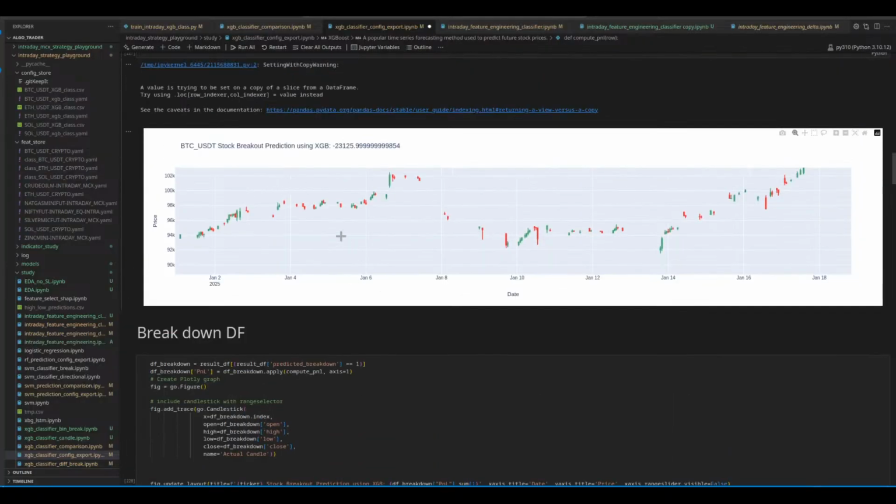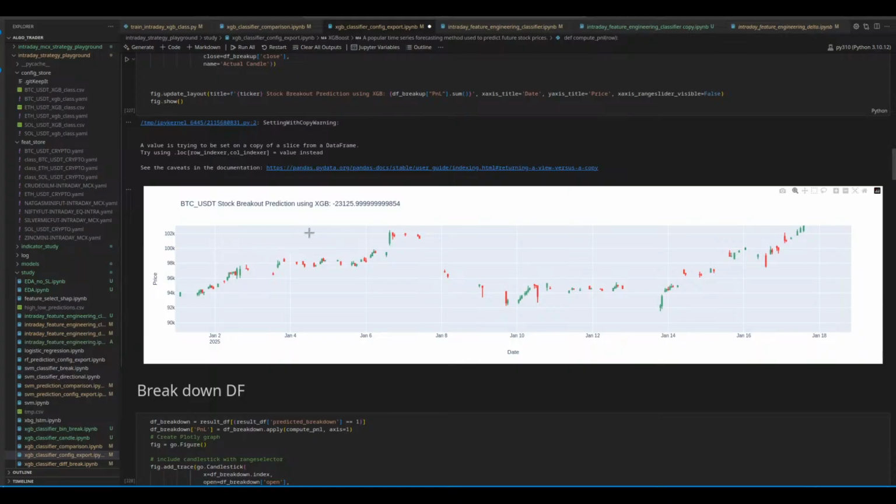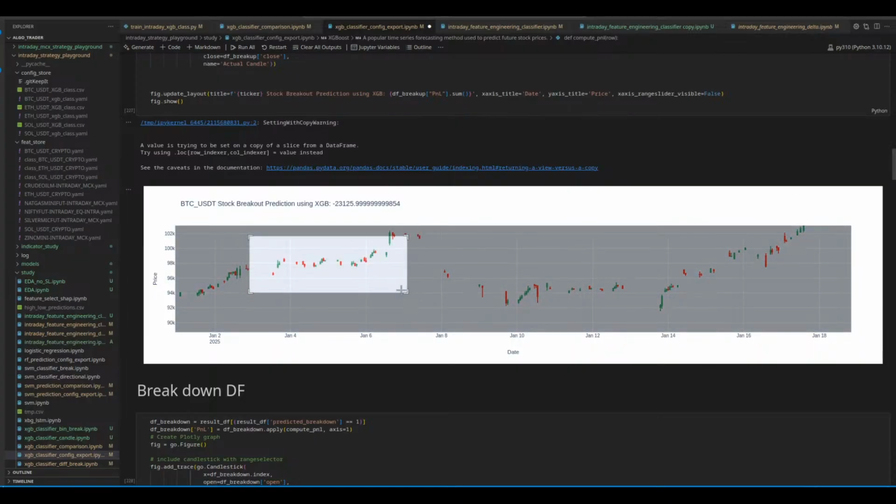Okay, so for predicted breakout, this is what we have as of now.